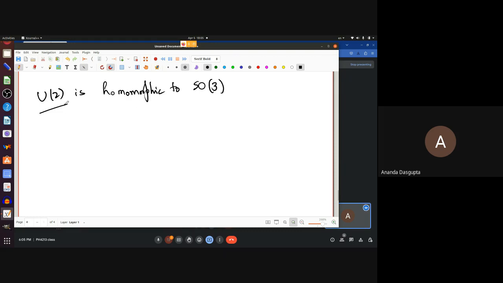But this is U2, right? Not SU2. Now, why is it not an isomorphism but just a homomorphism? Can anybody tell me that?